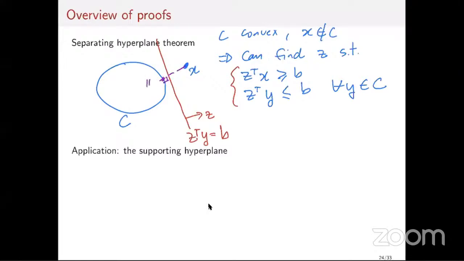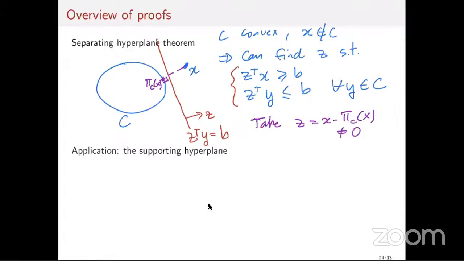So if this is pi C of X, you take Z to be essentially X minus the projection of X on C, which is non-zero because X is not in C. I will not give the details of the proof, but this is geometrically what happens, and this allows you to construct the separating hyperplane.